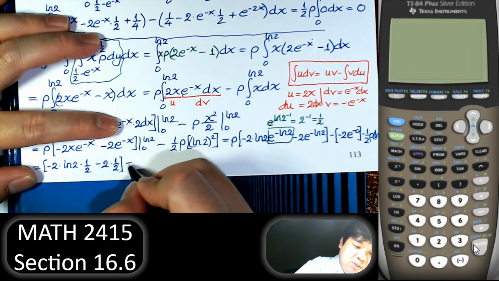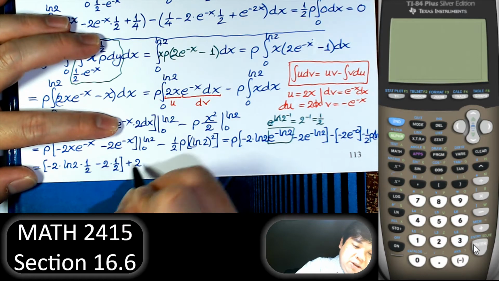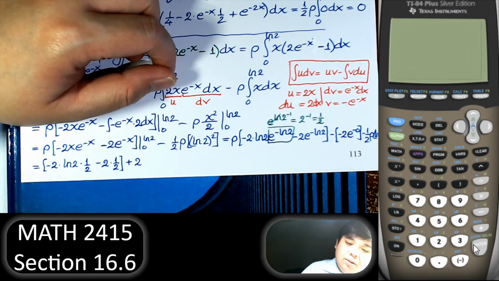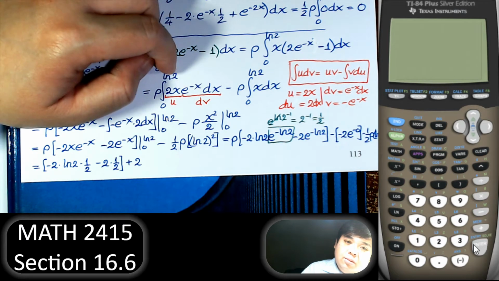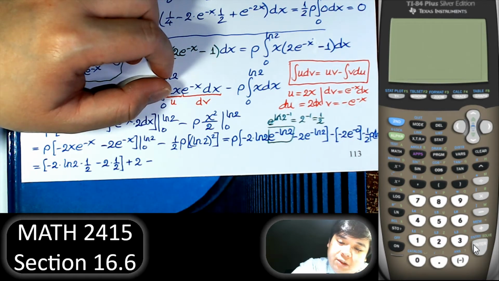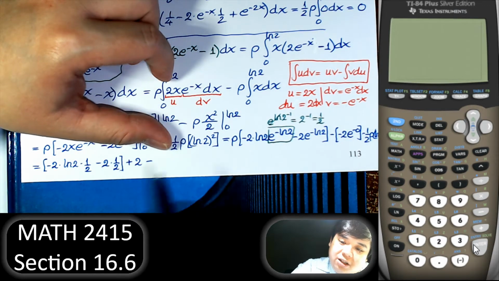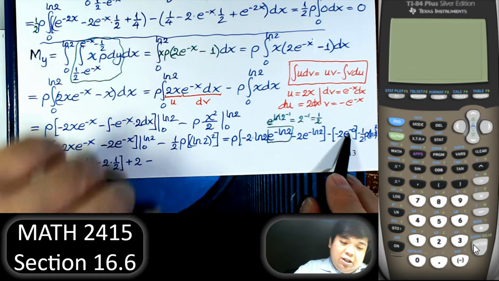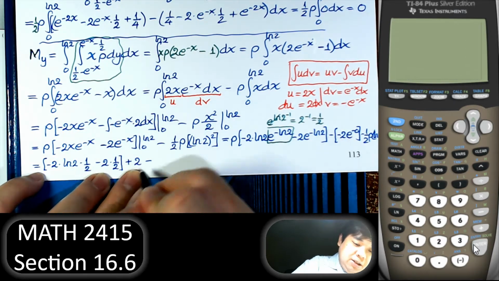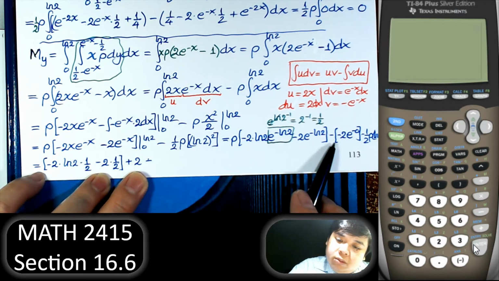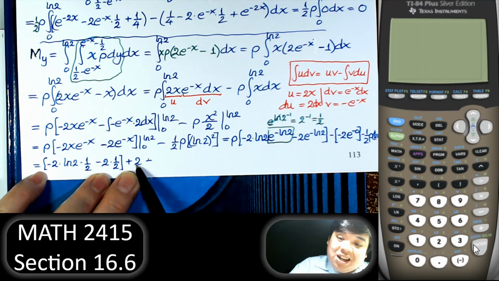Minus that plus 2, and then minus e to the 0 power is 1. Actually, we just write that as 2.